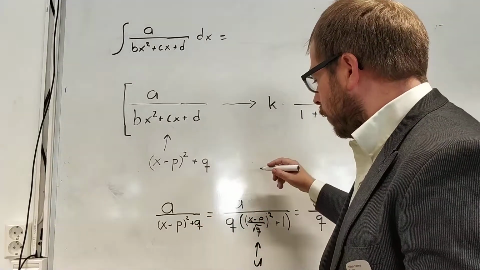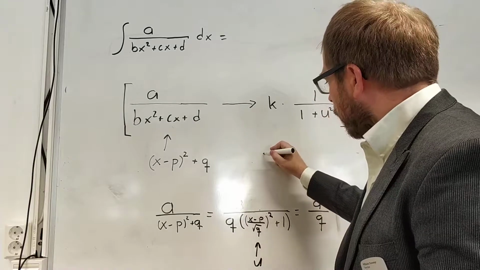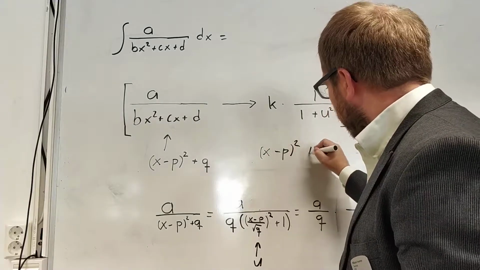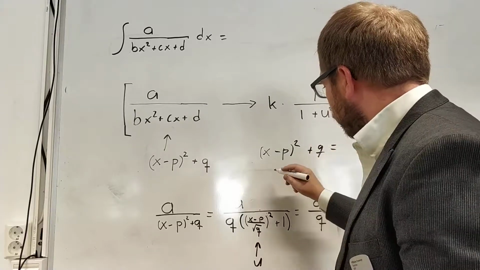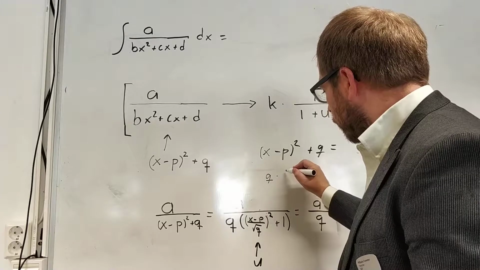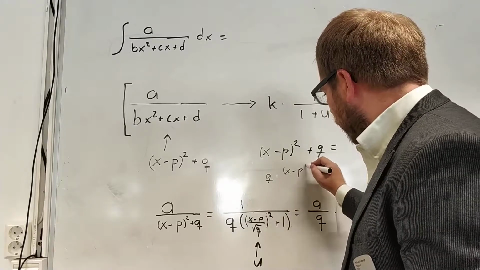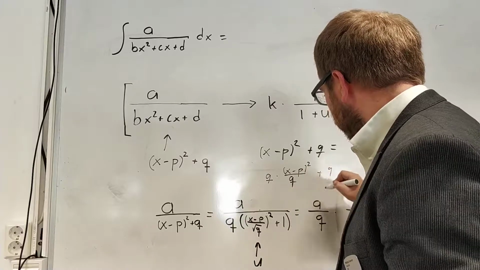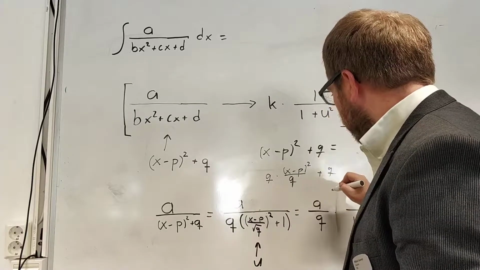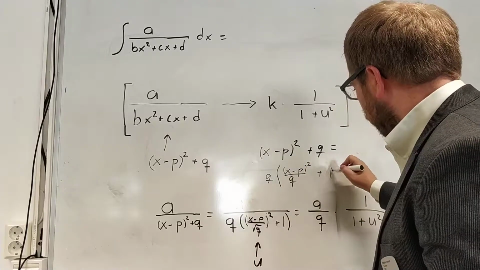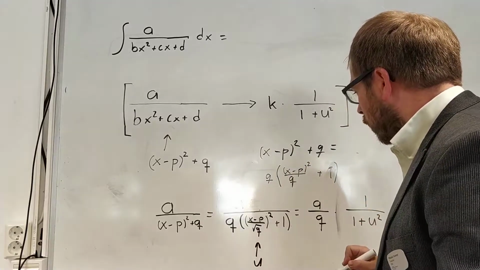Because if you have x minus p everything squared plus q, this is the same as q times x minus p squared divided by q plus q. And therefore you can put it in a parenthesis and make this into plus 1, which is what we wanted.